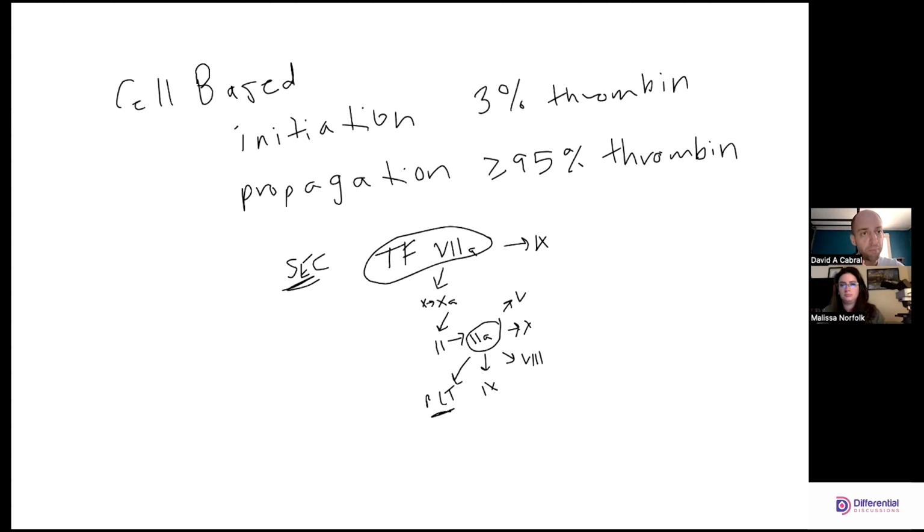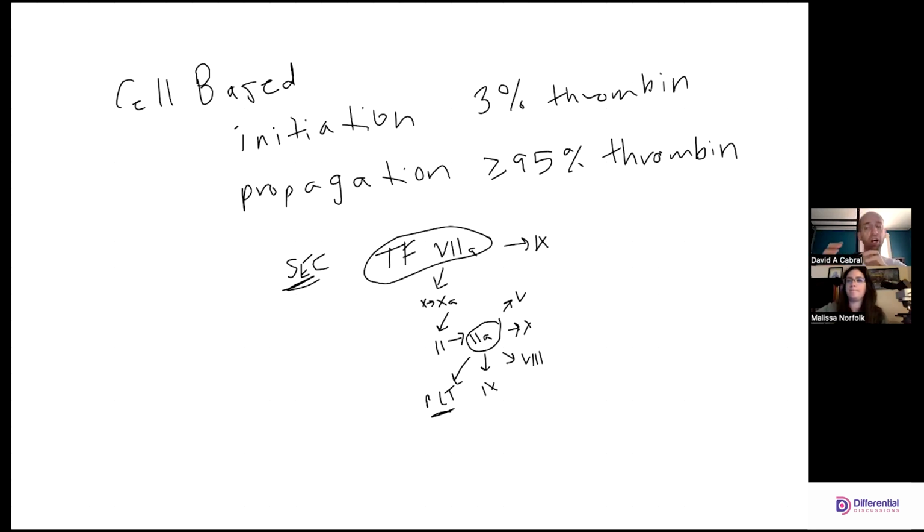Once thrombin has activated 5, 8, right? So now that's interesting. It's activating platelets. So now we have activated platelets, which we need for our 10-ase complexes, both the intrinsic and extrinsic. So we have those phospholipid flips.